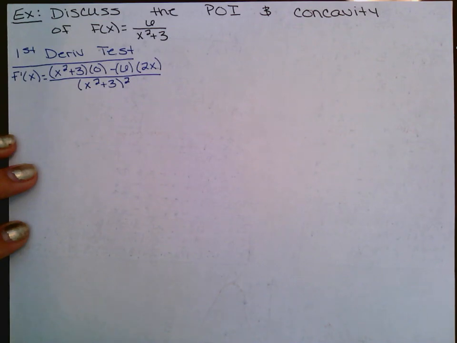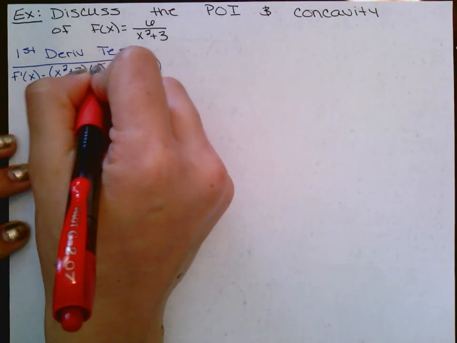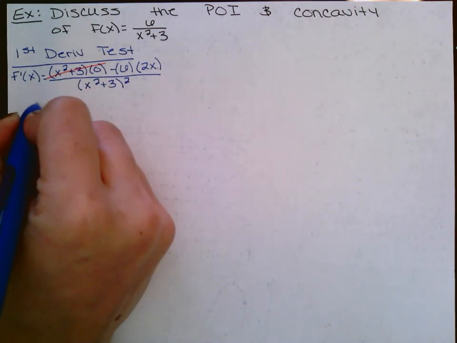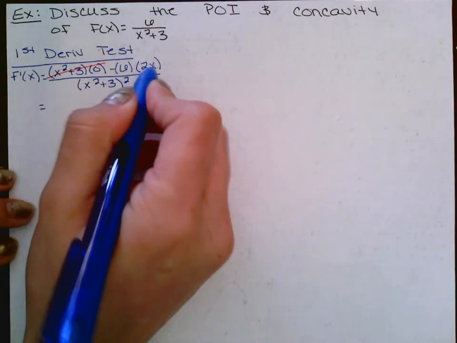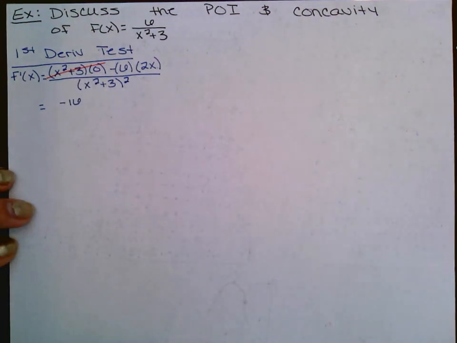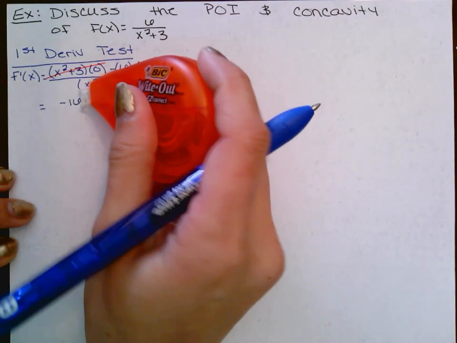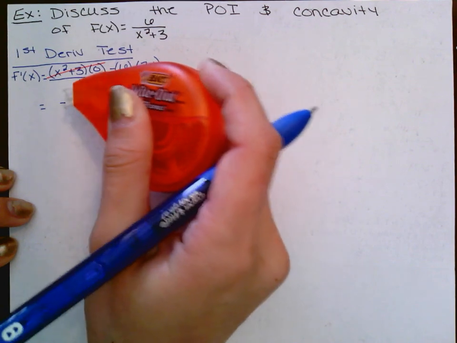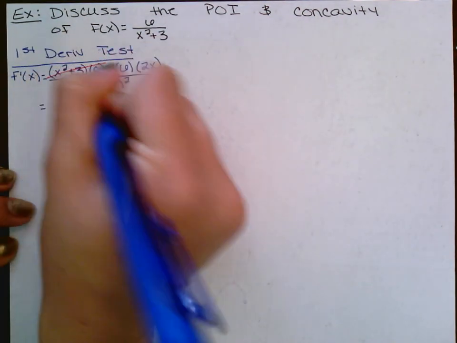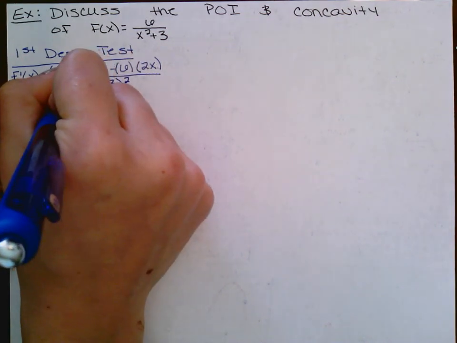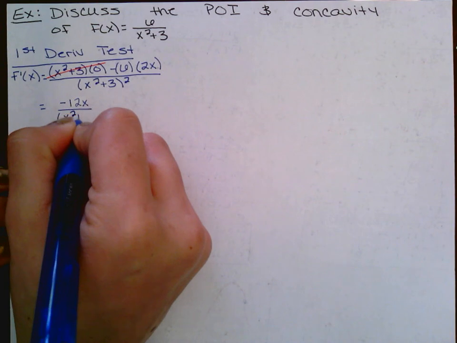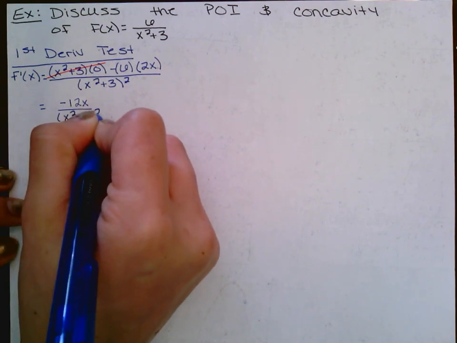Okay? 0 times anything is 0. So we end up with 6 times 2 is 12, so I have negative, whoa, sorry, I was looking at the 6, negative 12x over x squared plus 3 squared.